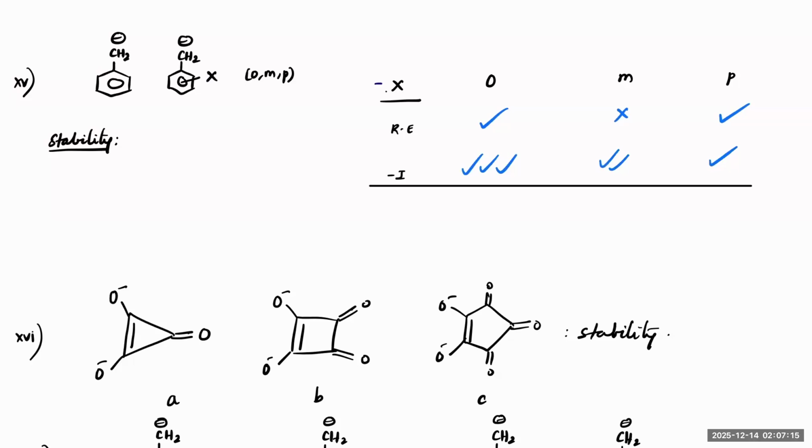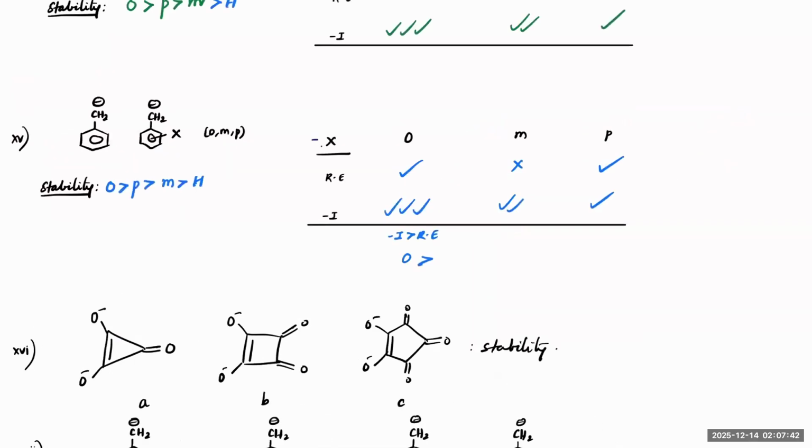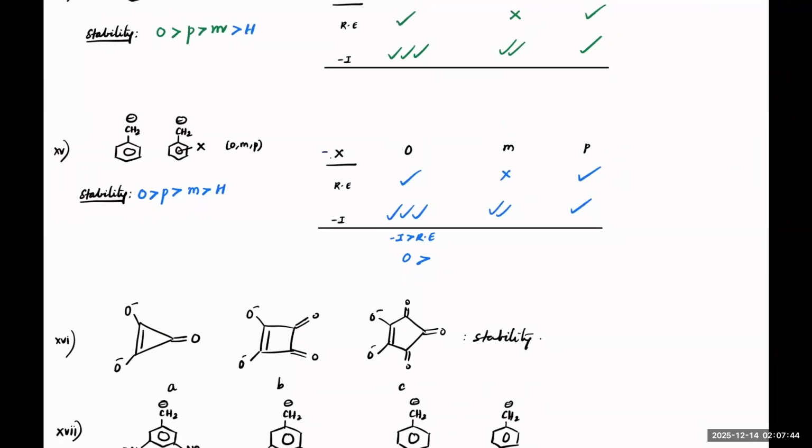Okay, this is the minus I effect. And you know that overall, because minus I is very dominant over resonance energy when it comes to halogens, and ortho is at much closer distance to CH2 minus, hence we can say ortho is better than para, is better than meta, better than hydrogen. This is the order.